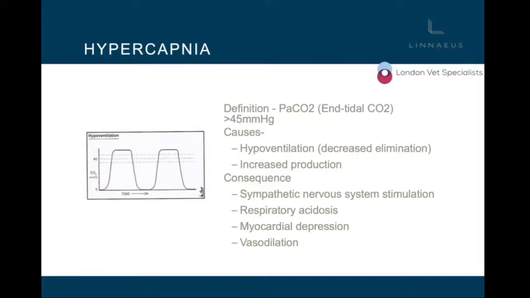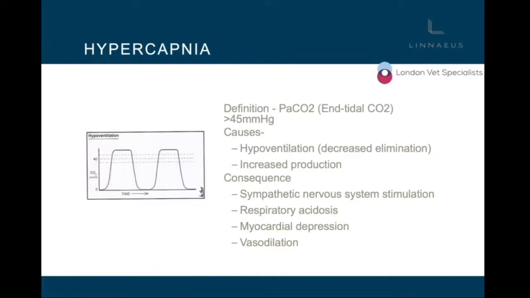Hypercapnia or hypoventilation is the second measured parameter that we might see in our geriatric patients that can have a definition of an arterial CO2 of greater than 45 millimeters of mercury. And when we're measuring with capnography, we're using the end-tidal CO2 as a substitute for the arterial carbon dioxide, which should match quite closely in the small domestic species.